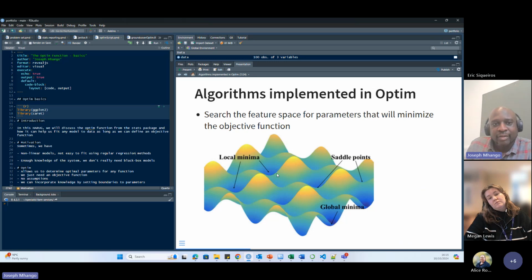And the objective of Optim, for example, if we're trying to minimize the sum of squares error, is to find the set of parameters that, when fitted on your model, result in the minimal sum of squares. So here, where we say the global minima, it tries to find the deepest point in a valley of hills. So it is a search algorithm, essentially.